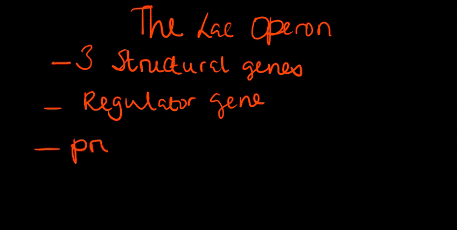Like we said, the Lac Operon is a group of genes that is there to switch on or off the promoter. Like we discussed previously, they work together to control a single promoter.